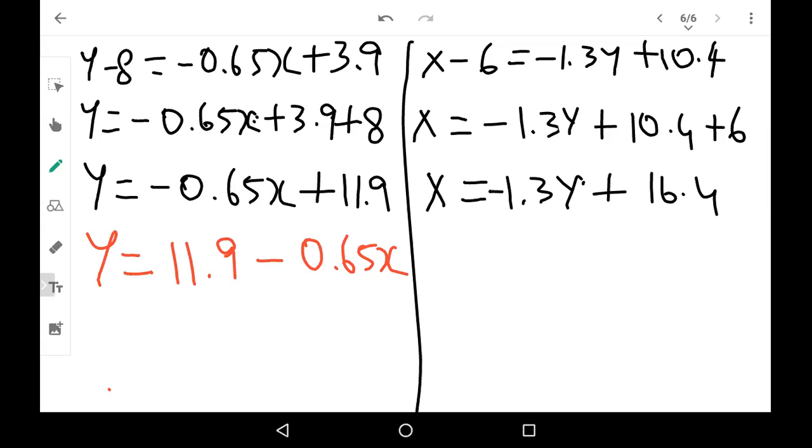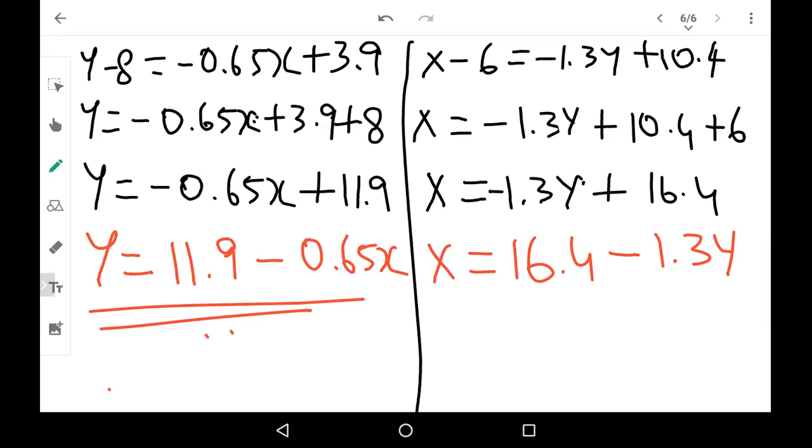So this will be my regression equation for y, and for x also I'm doing the same thing. 16.4, that is the positive number, will come first, minus 1.3y. Okay, so this is your regression equation for x on y and y on x. This is y on x and this is x on y. So this is how you find the regression equation.